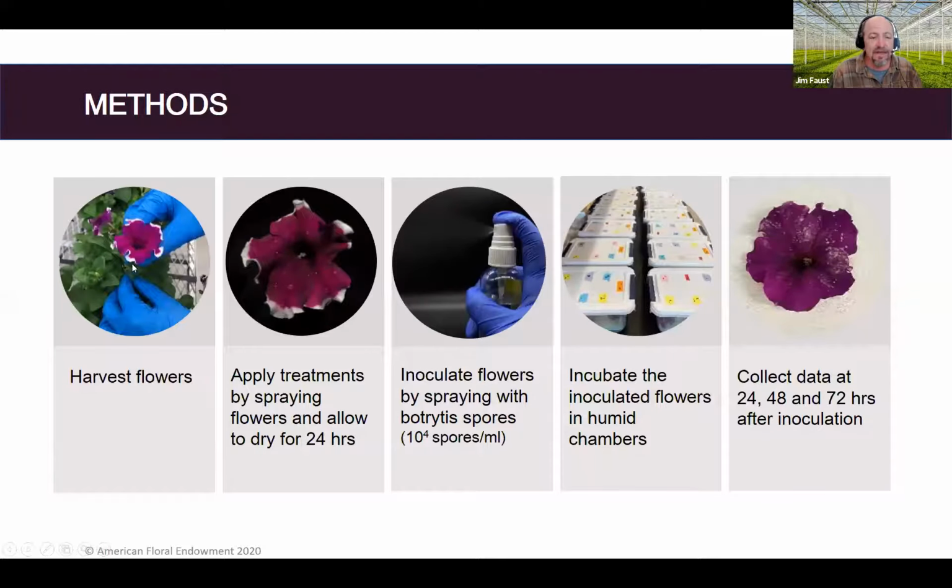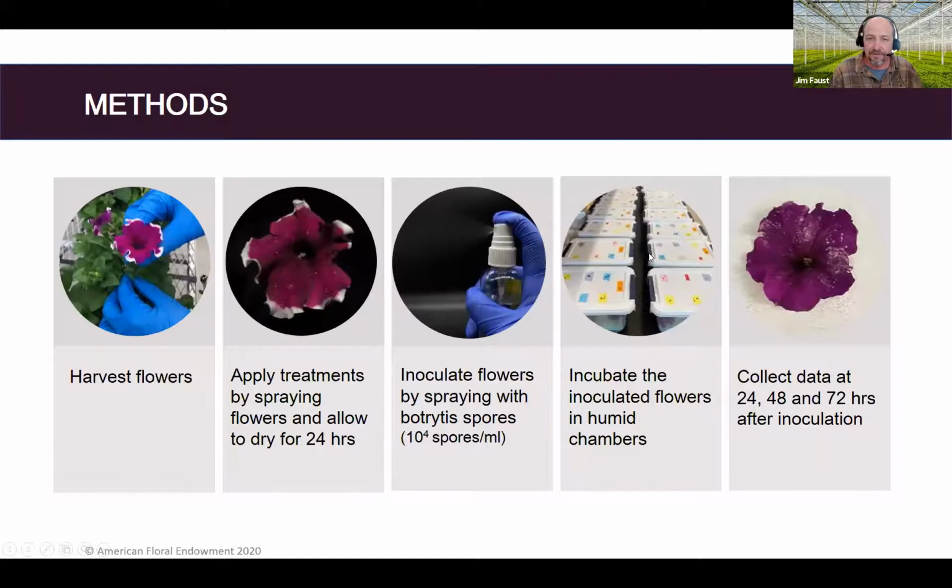We harvest the flower and spray the face of the flower that is open, allowing the spray to dry over 24 hours. The base of the flower is put in water so it doesn't wilt. Then we come in and inoculate the open face of the flower with Botrytis spores.